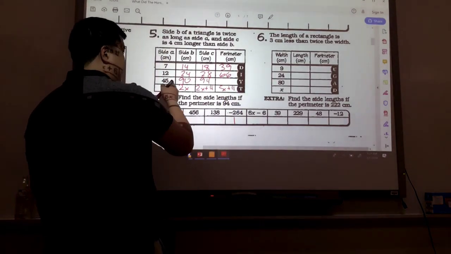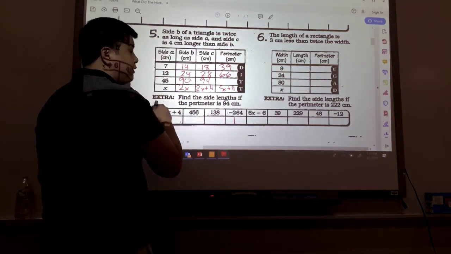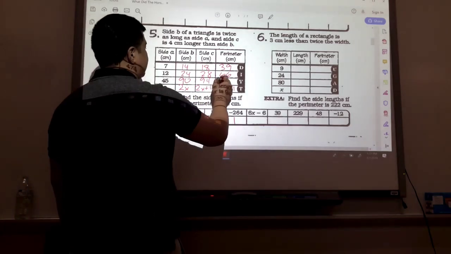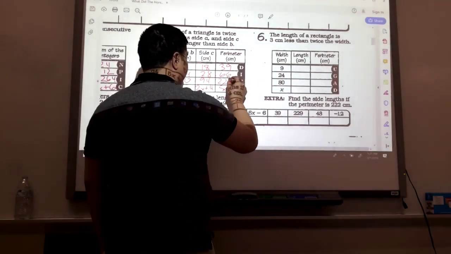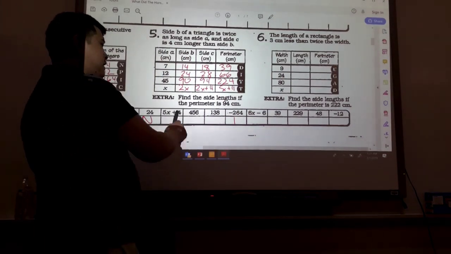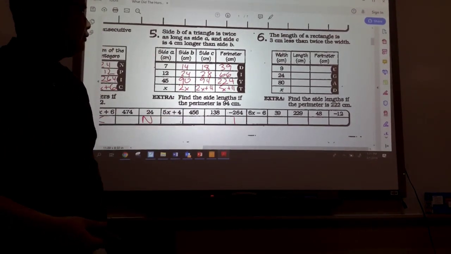Then we have 45 plus 90, which is 135. 135 plus 94 is 224. So that is the perimeters. This says find the side lengths if the perimeter overall is 94.